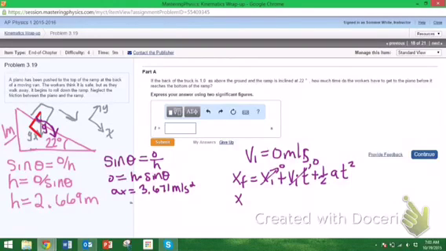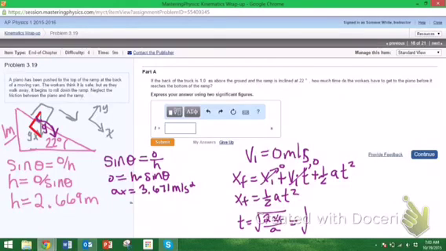x_f is equal to 1/2 a t squared, and with the whole process of algebra, I get that t is equal to the square root of 2 x_f divided by a.